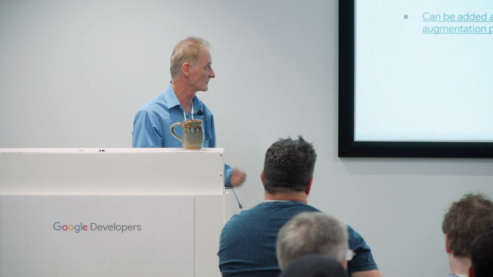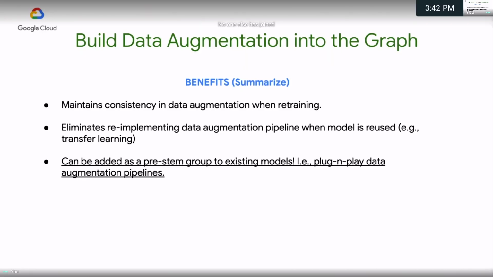So if I'm doing transfer learning, the data augmentation comes with it. And by implementing it as a pre-stem, which I'll show you in a moment how to do, I now have plug-and-play augmentation pipelines. I can build these little mini data augmentation graphs and start putting them on different models, reusing them.